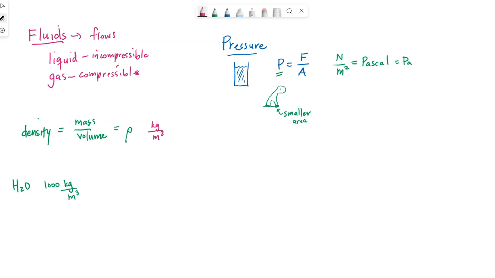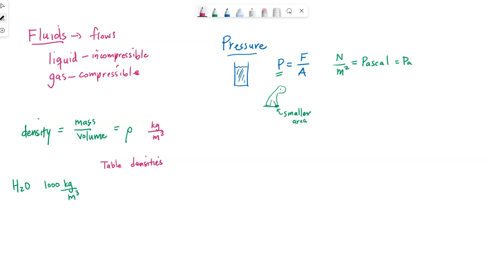Now, both in the textbook as well as in the early pages of the test notes, there is a table that has densities in it. It has a lot of other things as well, but density is one of the columns listing values for a number of common materials. So density is something that is unique to the material itself.